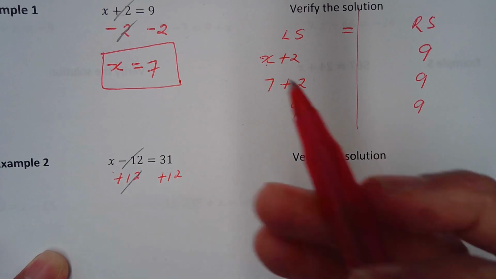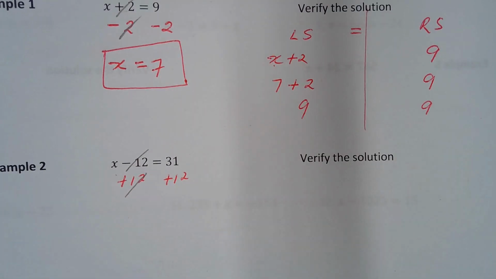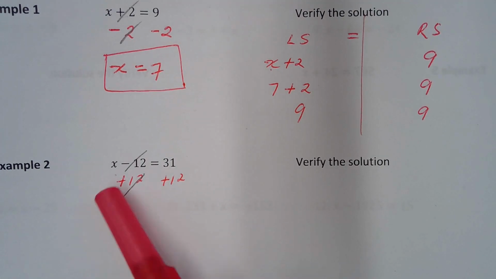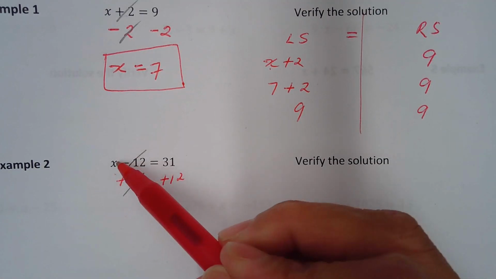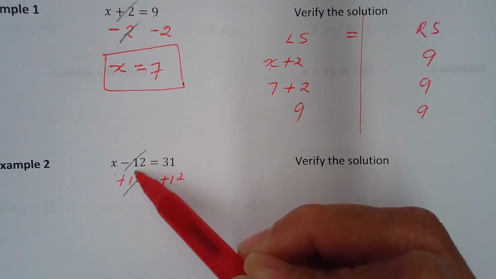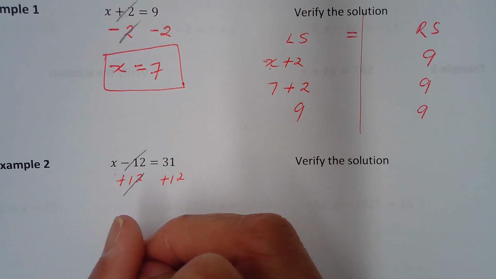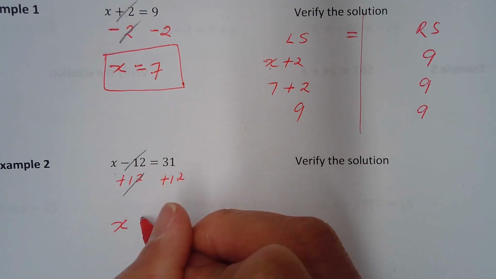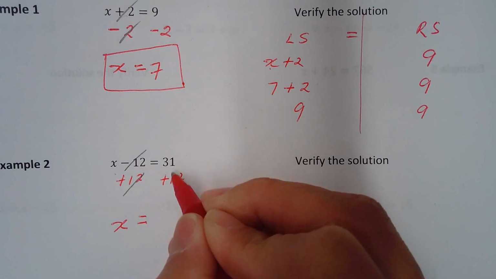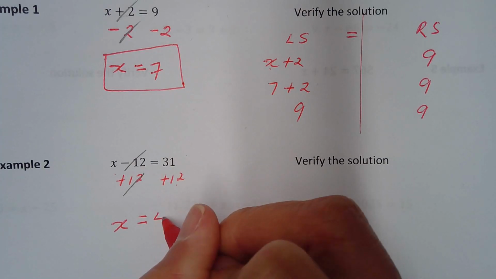When you do this, you always have the left side, the equal sign, and the right side. So what remains is x equals, that's going to be 43.